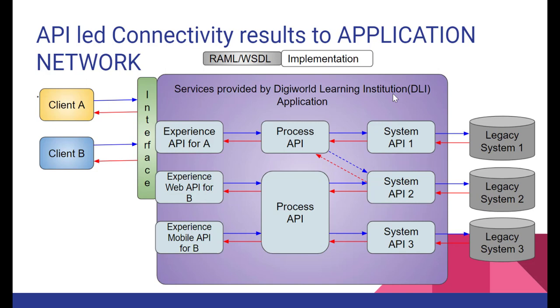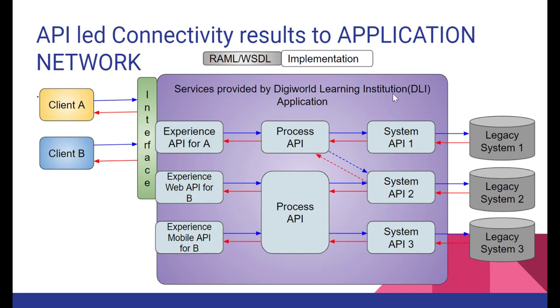For doing that, the API development team or whatever other teams are involved in a project usually create a C4E, a Center for Enablement, right?